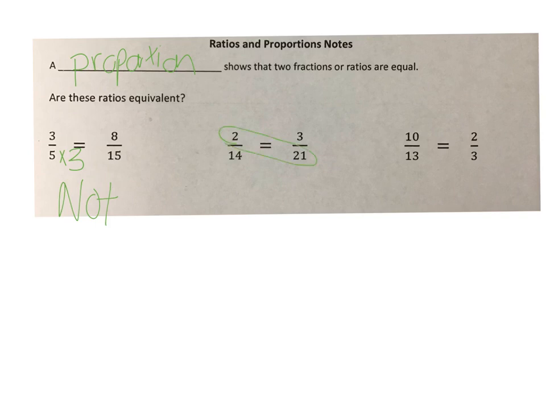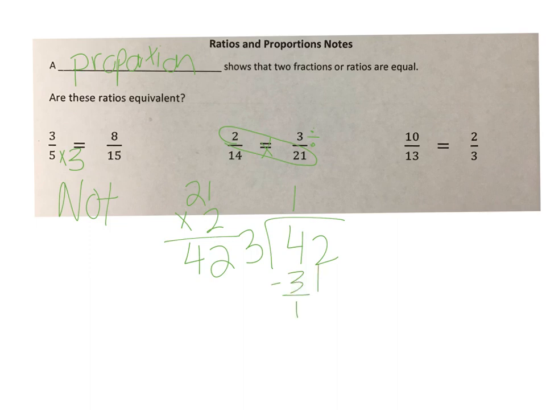So 2 times 21, I just put a little multiplication sign, gives me 42. Then you divide by one of the other ones. In this case, I'm going to divide it by 3 because that's easier than dividing it by 14. It goes in 1 time with 1 left over, bring down your 12, and it goes in 4 times.